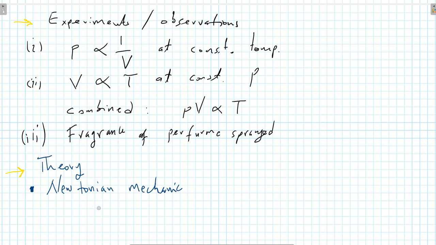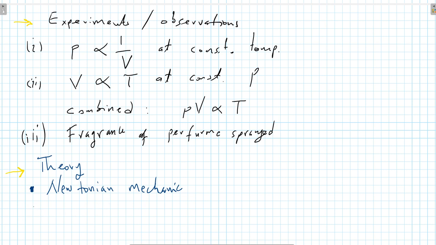We're going to model the molecules of gas as small spheres, maybe with zero radius, so they're actually point-like particles moving around and bouncing off each other and the wall of the container. We're going to talk about this when we reach the modeling part of these discussions.